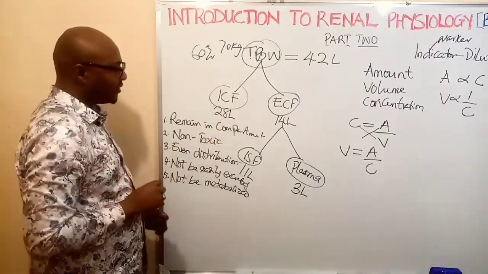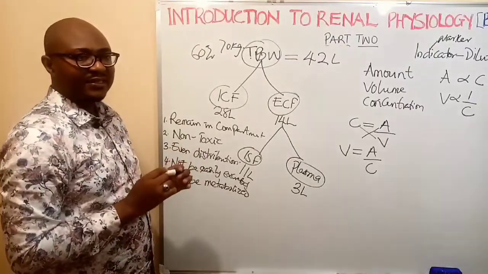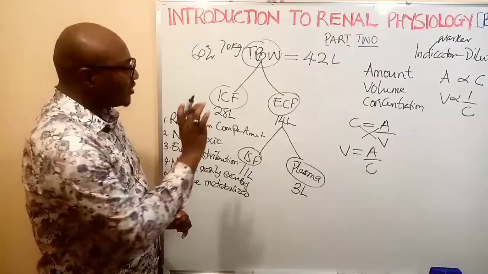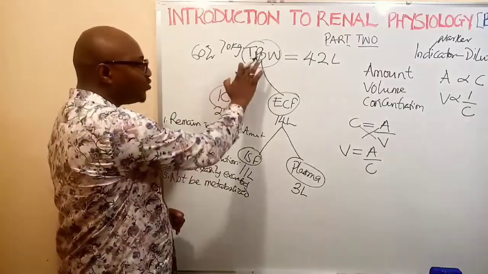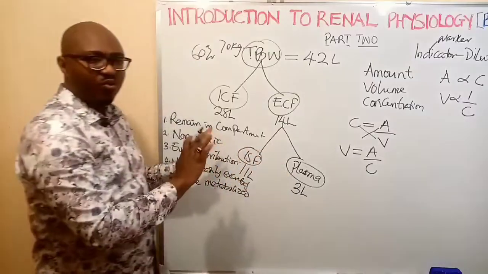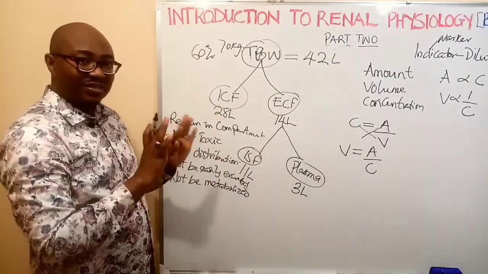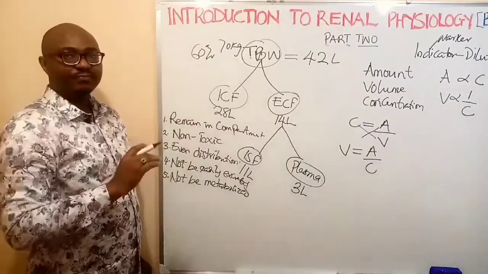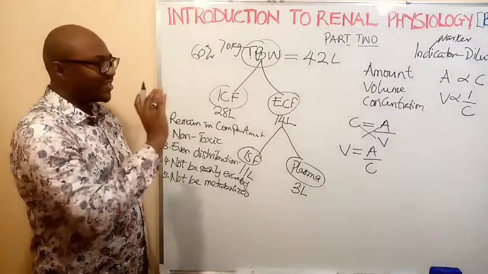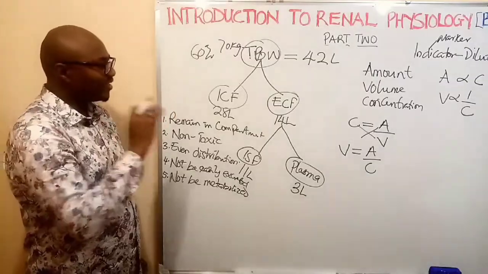We'll talk more about that. So the next thing we're going to be looking at is the substances that are used to measure each and every one of these compartments, because it's not the same. They are in different compartments. Each of these compartments, you need a unique substance or marker to measure them.